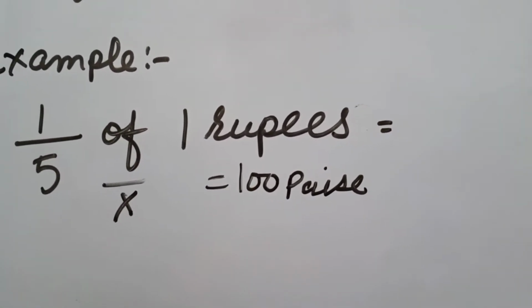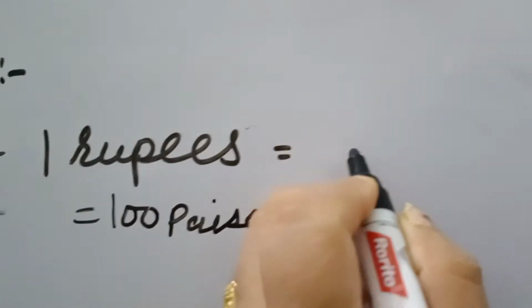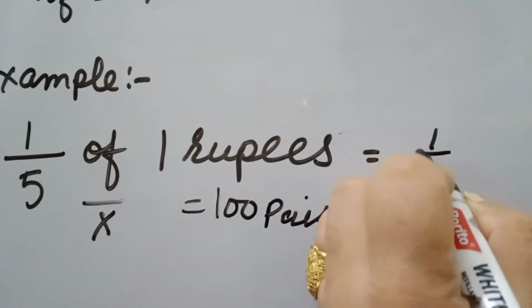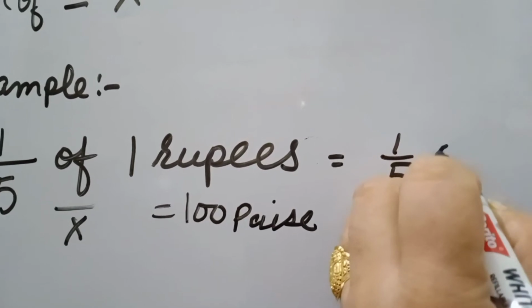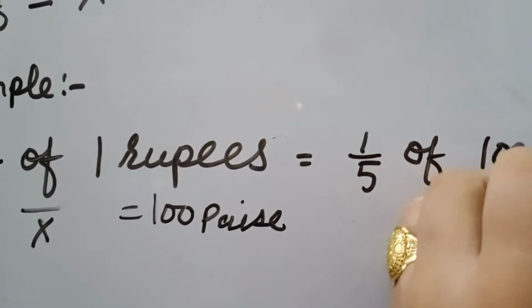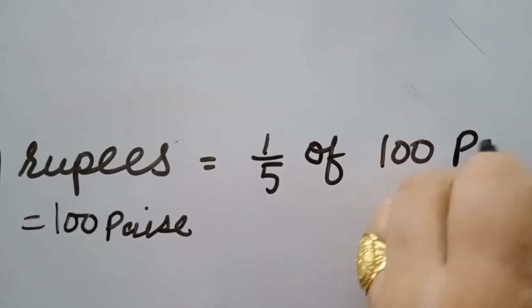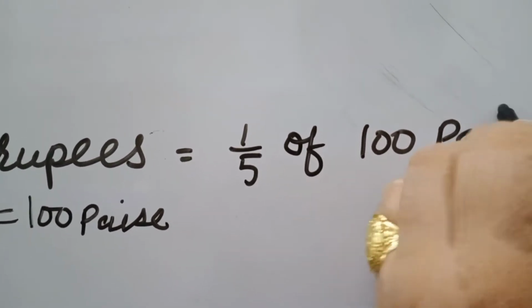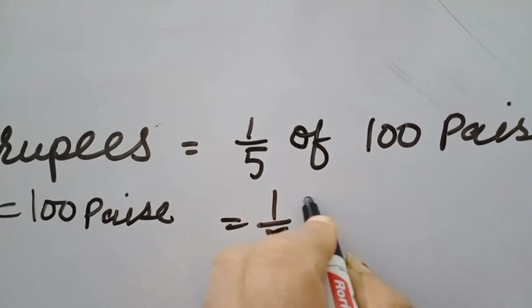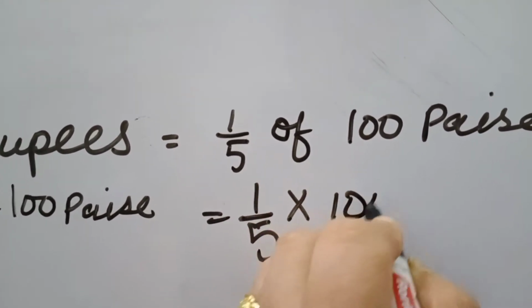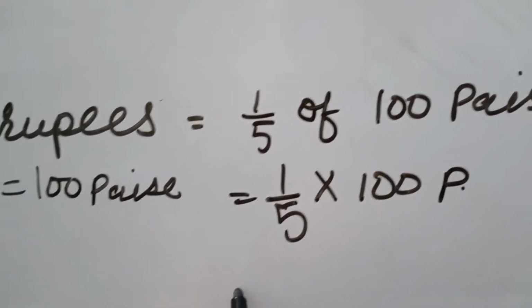Let's do how to solve it. So here 1 by 5 of 100 paise, that is equal to 1 by 5 into 100 paise.